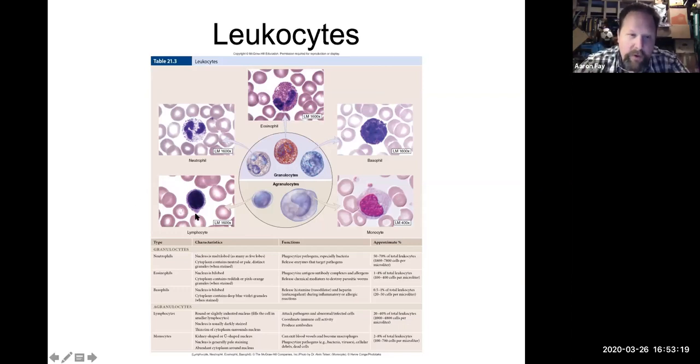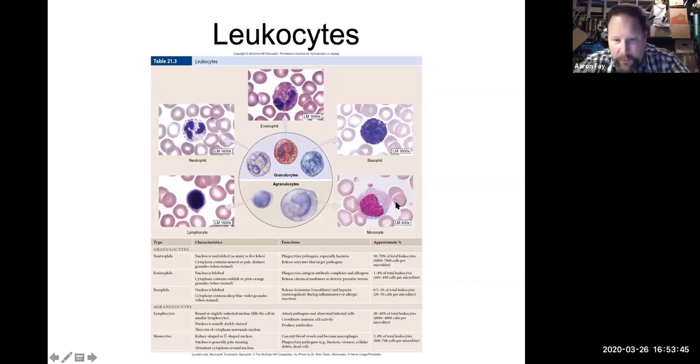So an enormous nucleus, that tells you it is a lymphocyte. In case you've heard these terms, B cells, T cells, natural killer cells are all examples of lymphocytes. This is part of your adaptive immune system. If none of those terms make sense to you, don't worry about it. Lymphocytes make your B cells and your T cells.